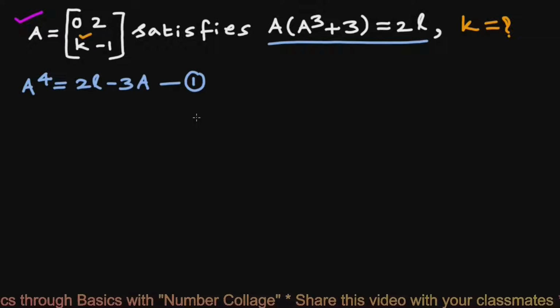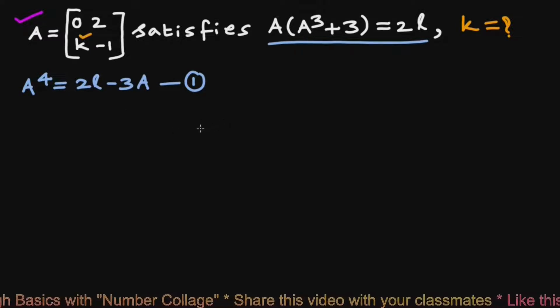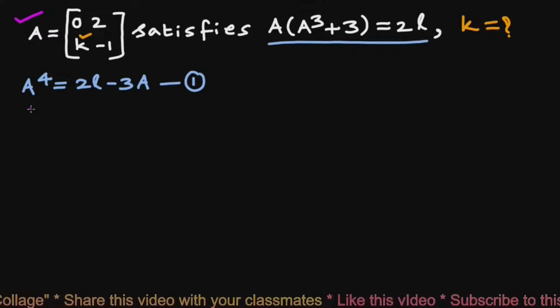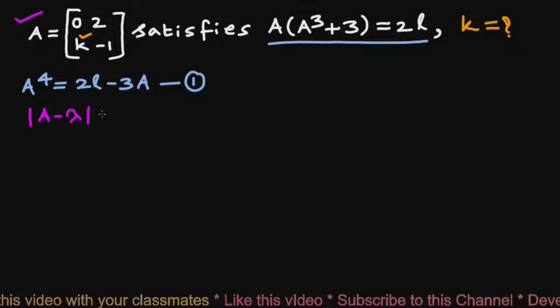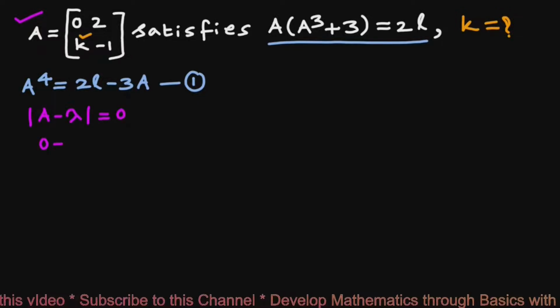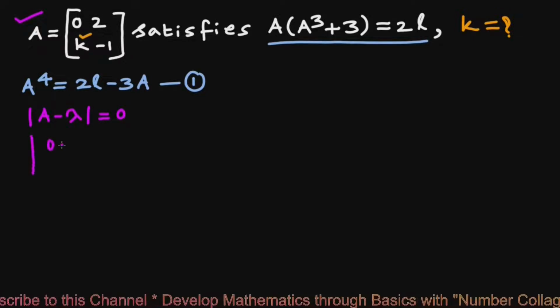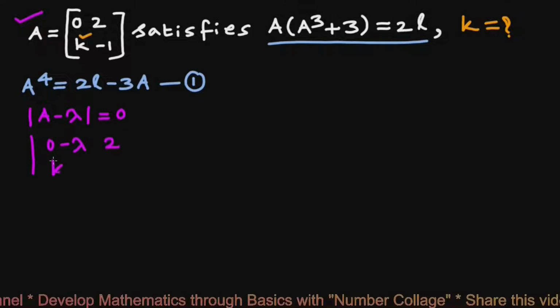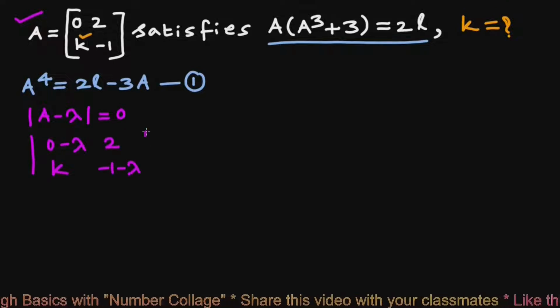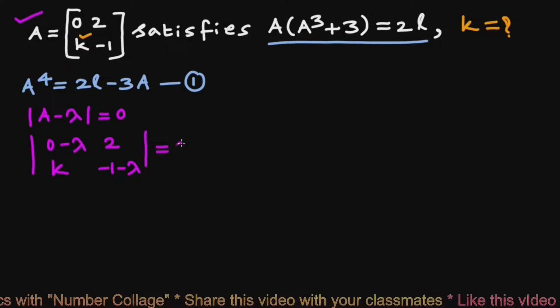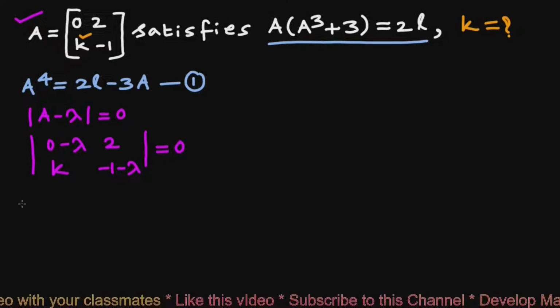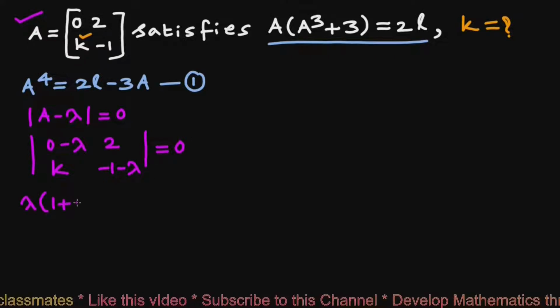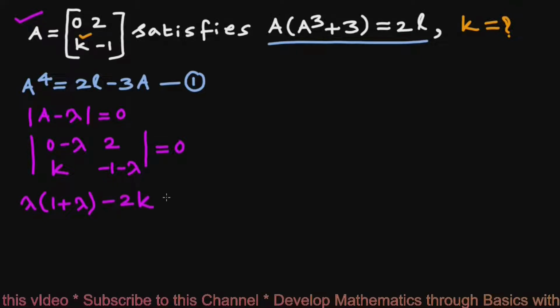So first we will write the characteristic equation of A, which will be determinant of A minus lambda I equals 0, which will be determinant of [0 minus lambda, 2; k, minus 1 minus lambda] equals 0. It gives lambda into 1 plus lambda minus 2k equals 0.